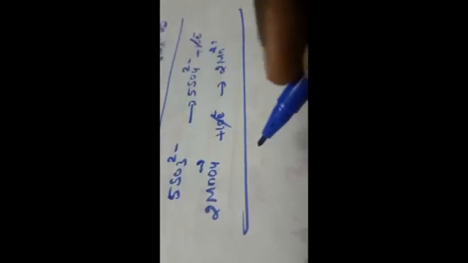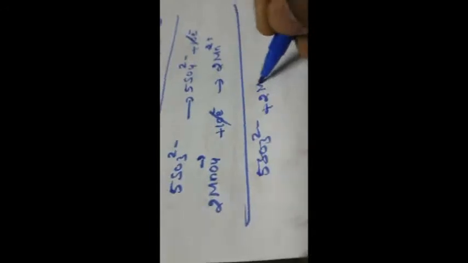Another equation is 2 MnO4 minus plus 10 electrons gives 2 Mn2 plus. The 10 electrons cancel. The final equation is 5 SO3 2 minus plus 2 MnO4 minus gives 5 SO4 2 minus plus 2 Mn2 plus.